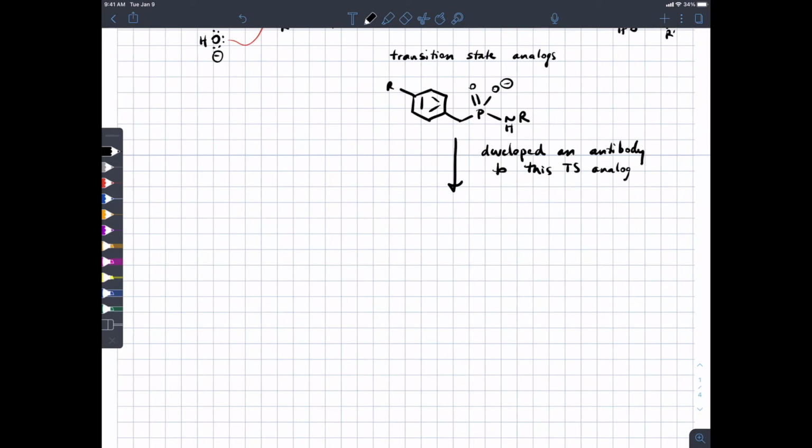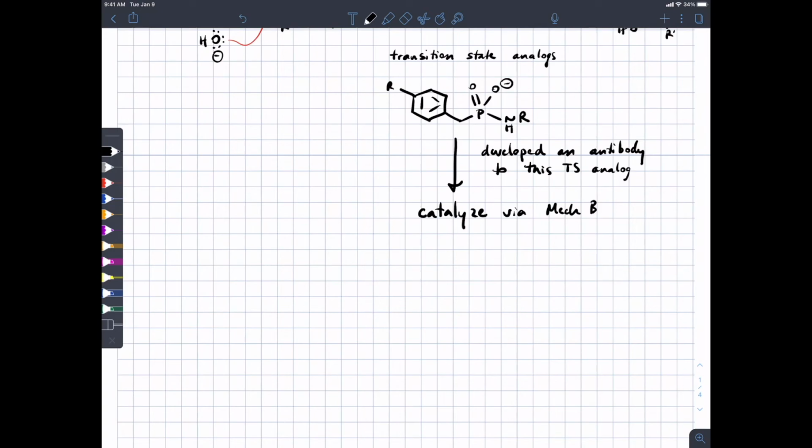But what they did is they developed an antibody which bound this transition state. So now they asked, will that antibody catalyze via mechanism B? Because it binds the mechanism B transition state.